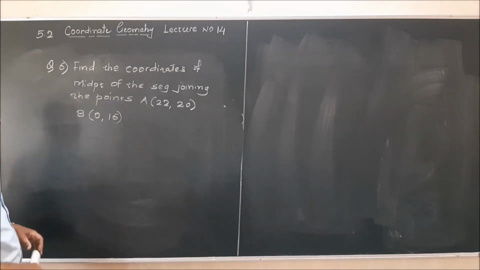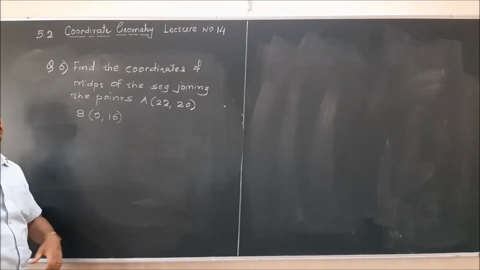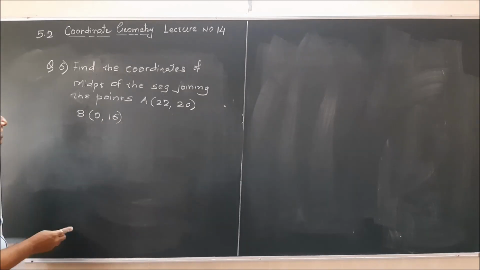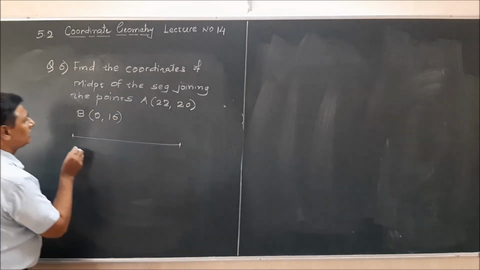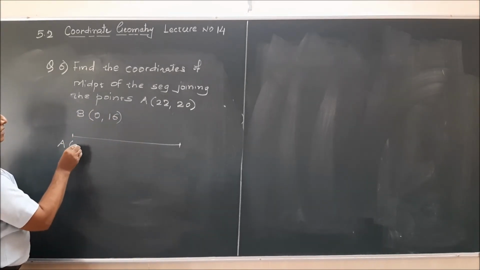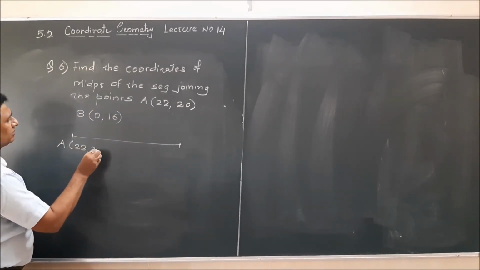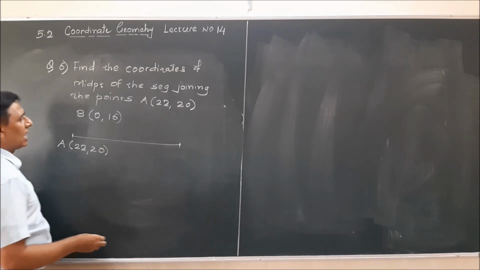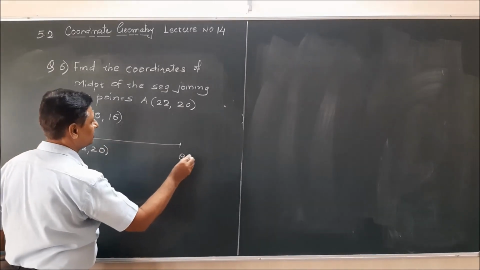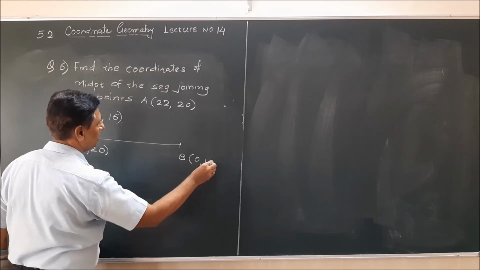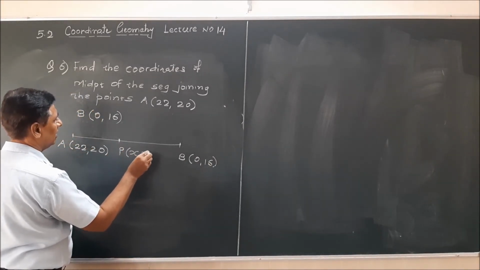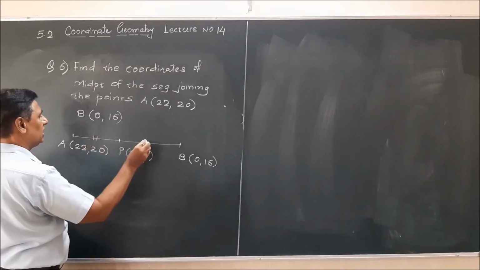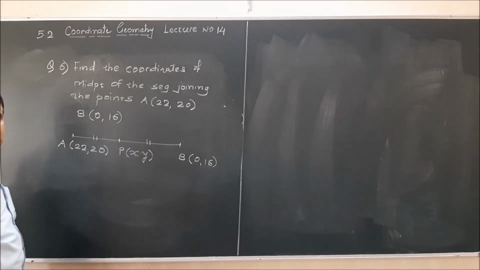I label these points as A and B, and we have to find the coordinates of the midpoint of the segment. So if I take this as A(22, 20) and B as (0, 16), let's suppose P(x, y) is the midpoint of segment AB.